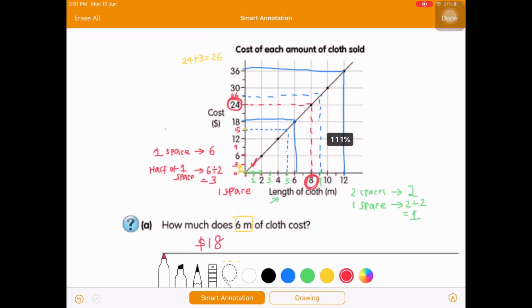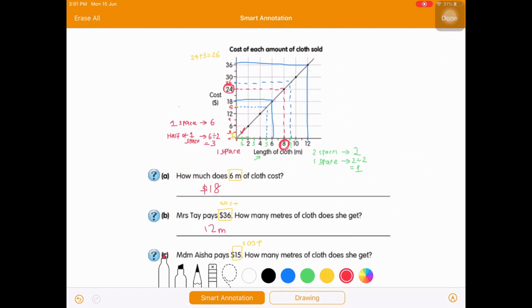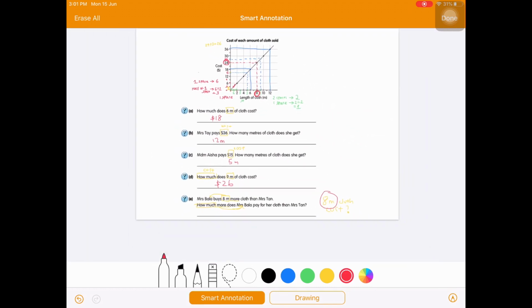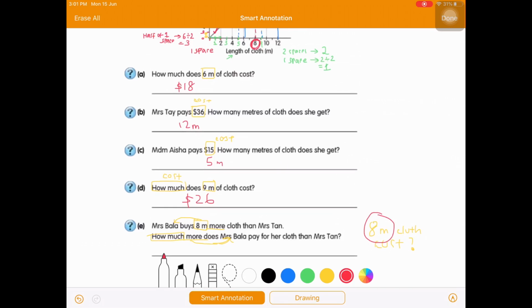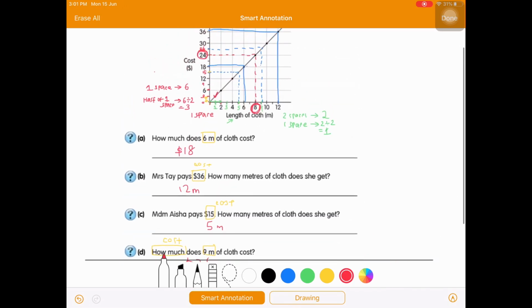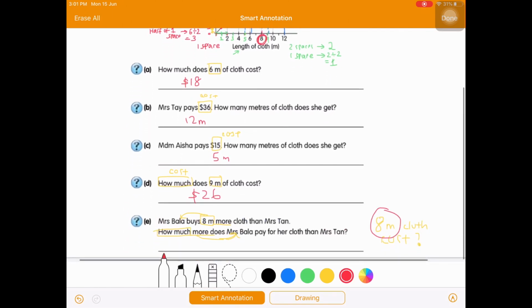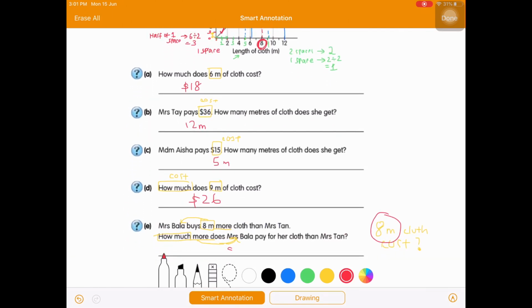So that means if Mrs. Bala wants to buy 8 meter more, meaning she has to pay more, she has to pay $24 more than Mrs. Tan. So $24 is what she has to pay extra more than Mrs. Tan.